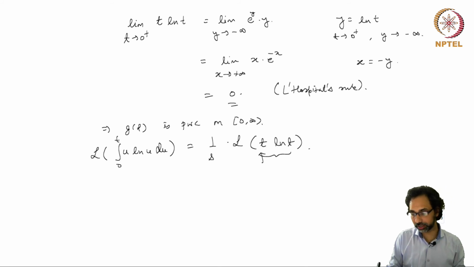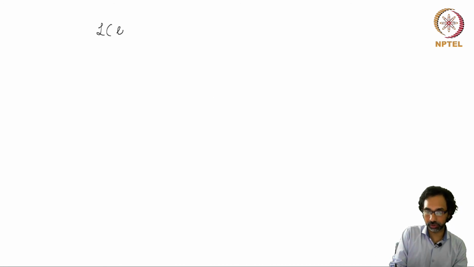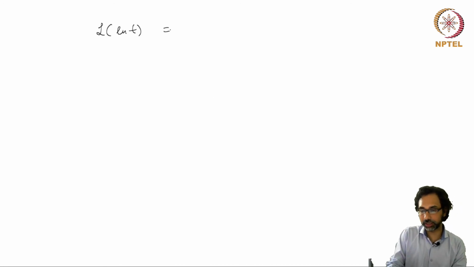Note that there is a multiplication by t, so this is nothing but minus 1 times the derivative d over ds of the Laplace transform of log t. So let's compute the Laplace transform of log t. This is the integral from 0 to infinity of ln t e to the power minus st dt.